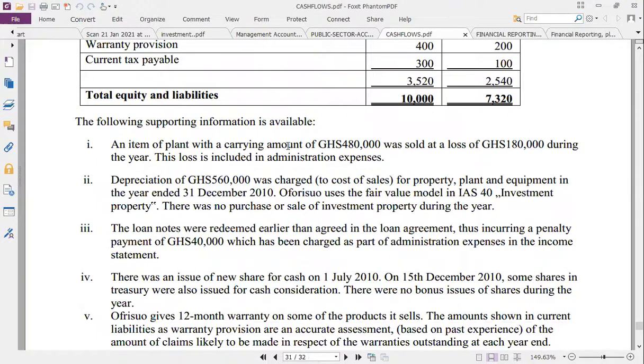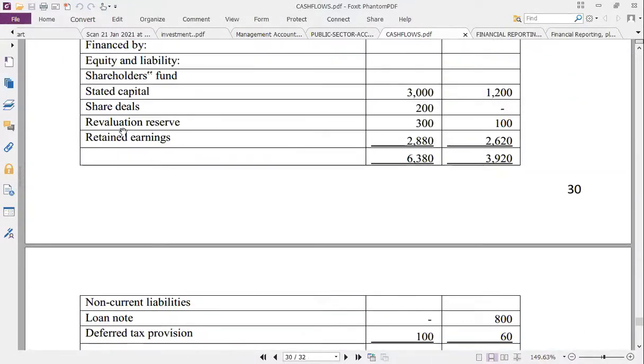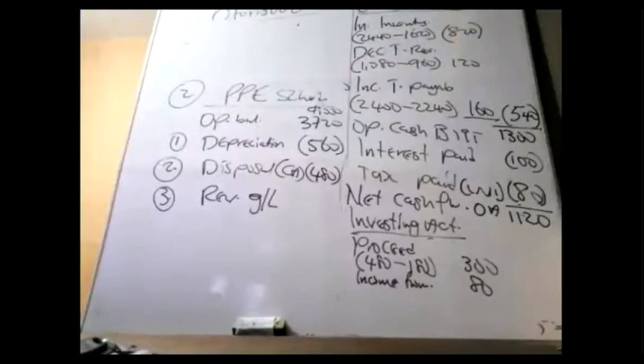Now, what happened is this. Check the revaluation reserve. There's a revaluation reserve here, and it is 100, and it's now 300. That means there has been a revaluation gain of 200. So how do you treat this revaluation gain of 200? That means it's been added.